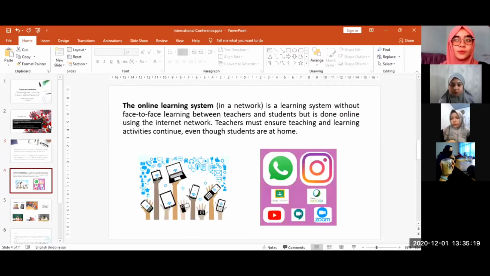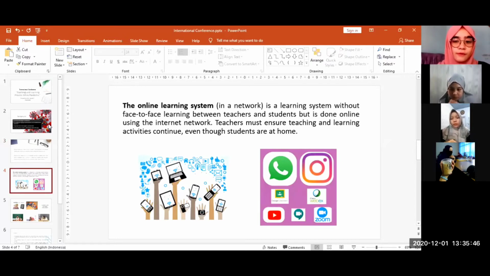Okay, so before we come to the lacks of this pandemic teaching and learning, I will tell you about the definition of the online learning system. It is a learning system without face-to-face learning between teachers and students, but it is done online using the internet network. Teachers must ensure teaching and learning activities continue even to students at home.